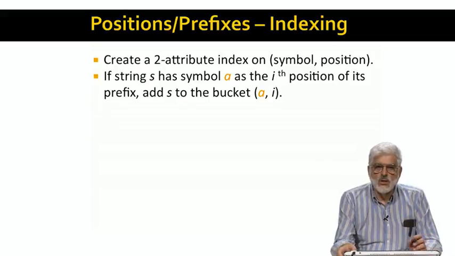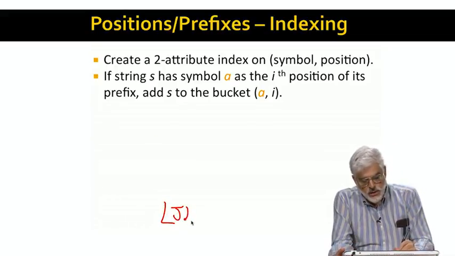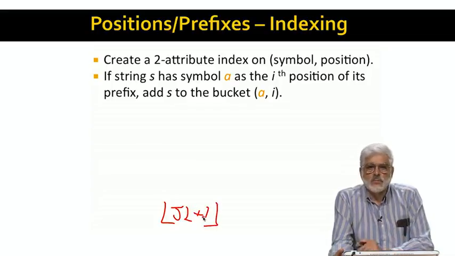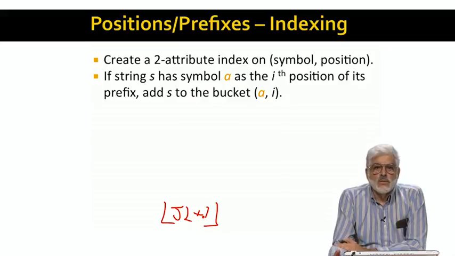It's still the floor of JL plus 1, where J is the upper limit on the Jaccard distance and L is the length of the string S. We put string S into the bucket A,i for all positions i that are part of S's prefix, where A is the symbol that S has in its ith position.